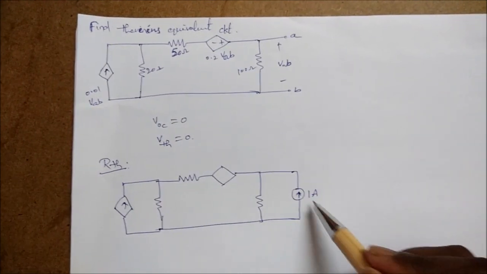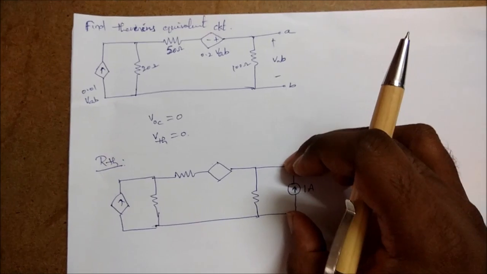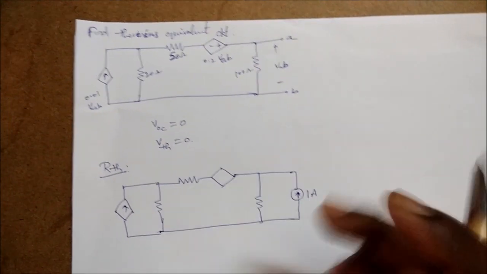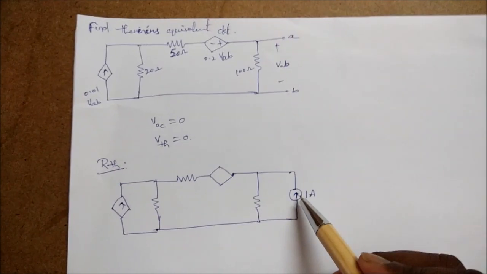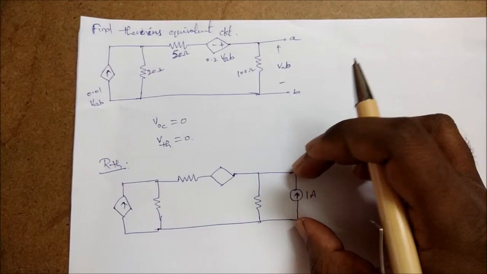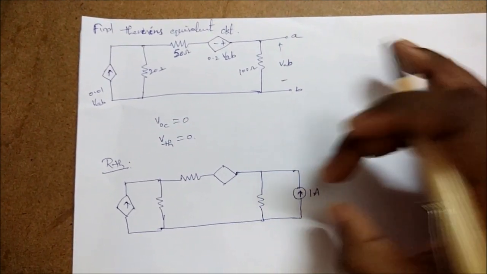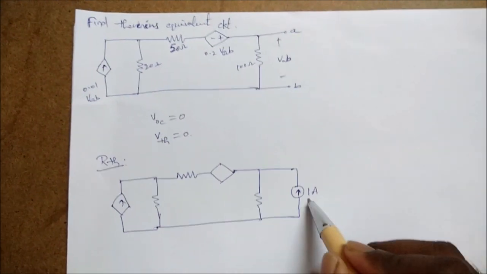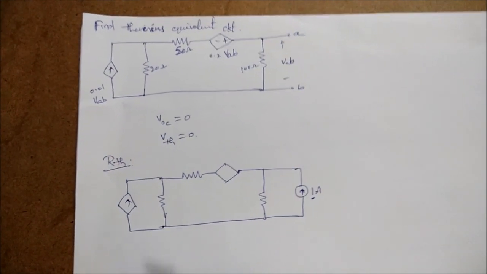That voltage divided by this current will give you the resistance value between these two terminals. I hope you understand. So I have connected a 1 ampere current source, and now I will find the voltage across it. That voltage divided by this current value will give you the resistance value, that is called RTH.